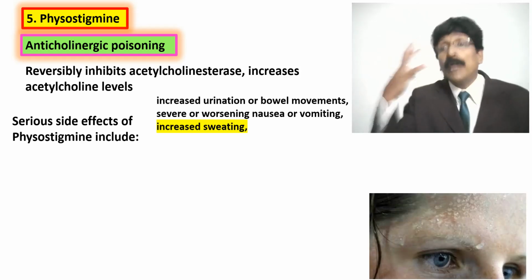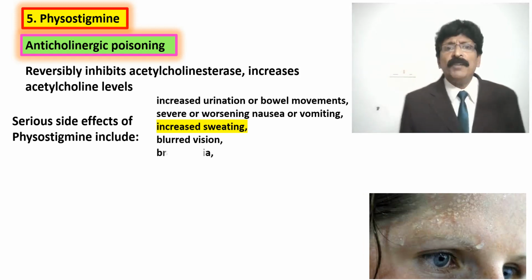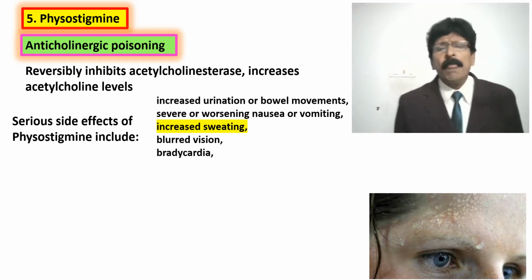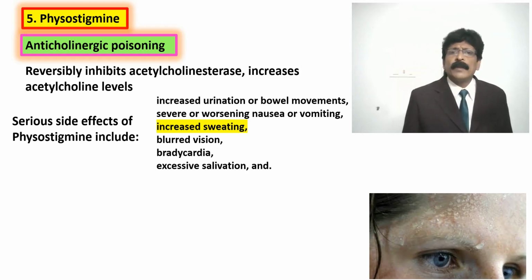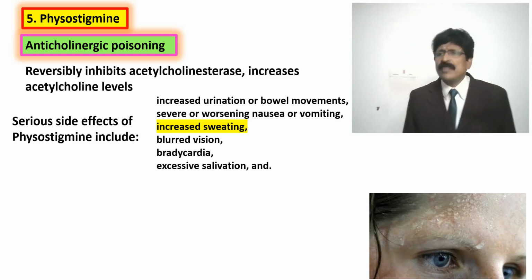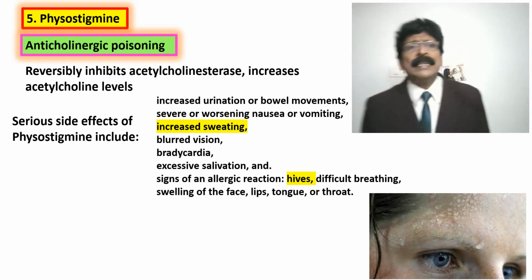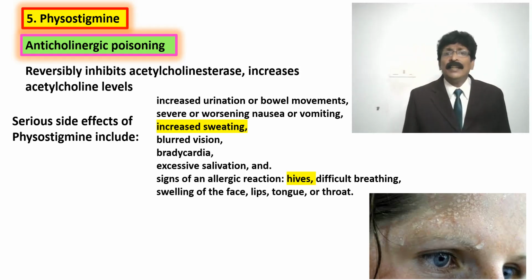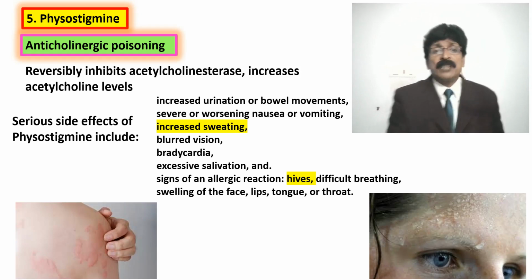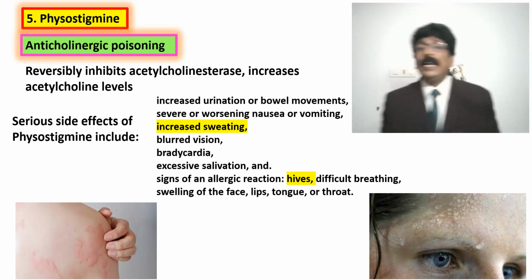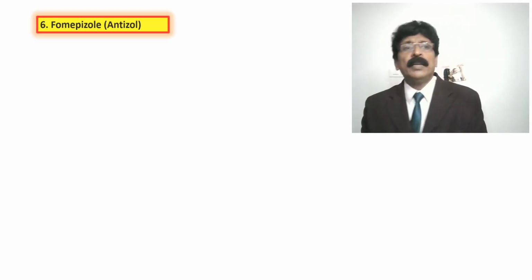On the forehead and all, you can see the sweating, hand, palm, blurred vision, bradycardia, less heartbeat, and you can see excessive salivation and the signs of an allergic reaction. Hives, difficulty in breathing. You can see the hives, redness of the skin, swelling in the face, lips, tongue and throat can be seen.